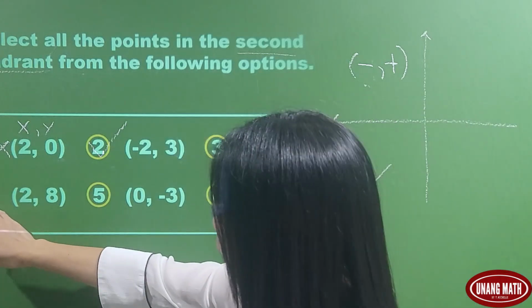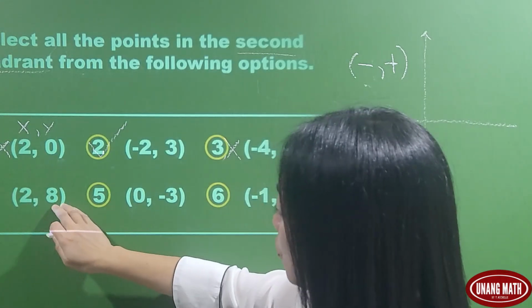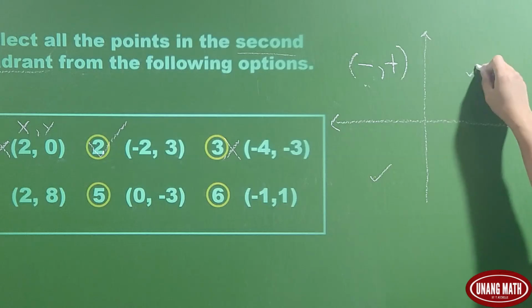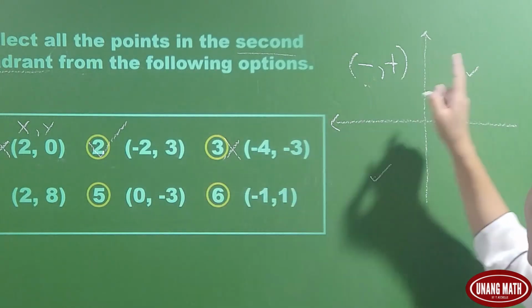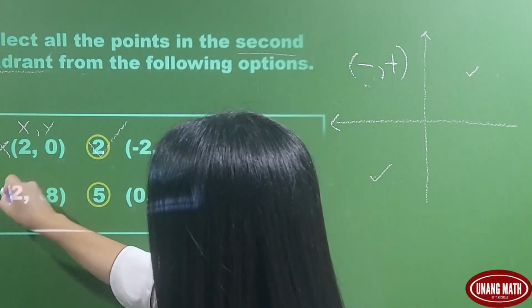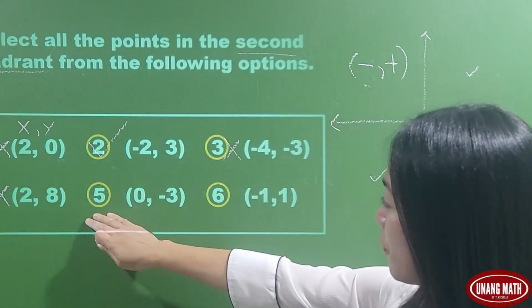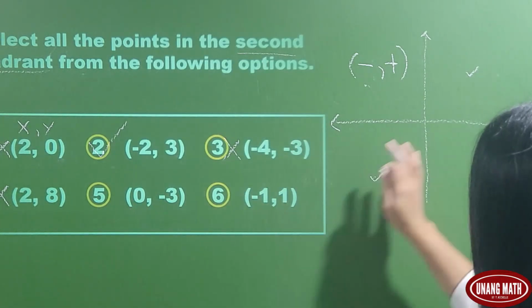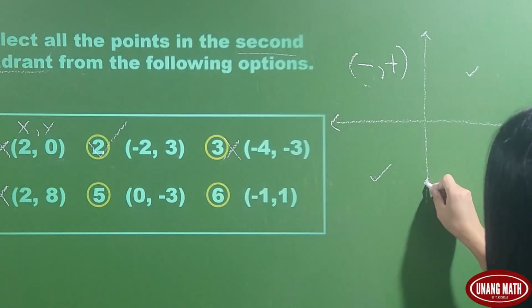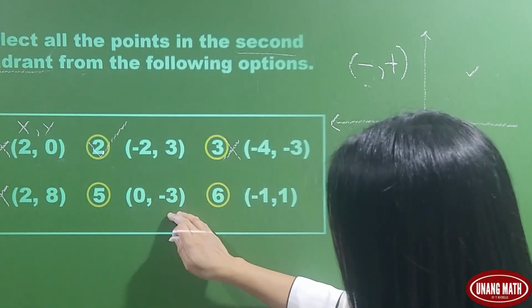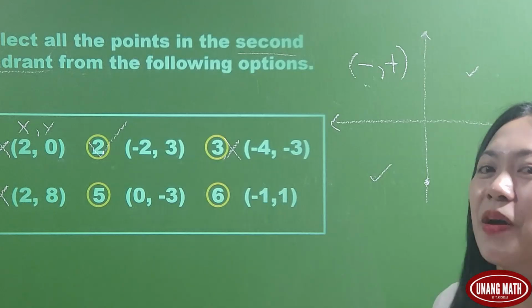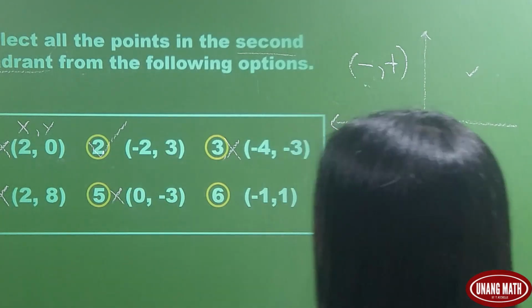What about option number 4? Positive 2, positive 8. This ordered pair lies in the first quadrant, so this is not correct. What about number 5? 0 and negative 3. This ordered pair lies on the y-axis, so not correct.